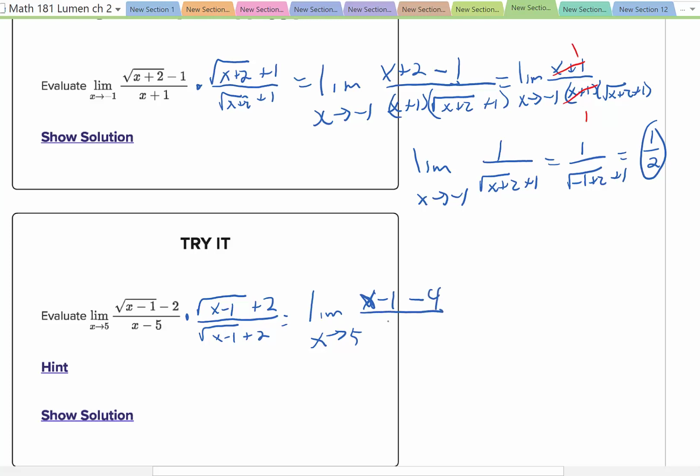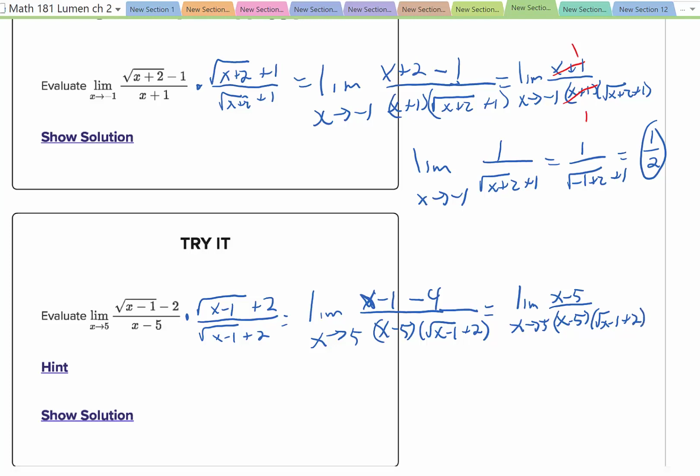And then down below I have an x minus 5 times the square root of x minus 1 plus 2. So we have, don't forget my limit, as x approaches 5 of x minus 5 over x minus 5 times the square root of x minus 1 plus 2.